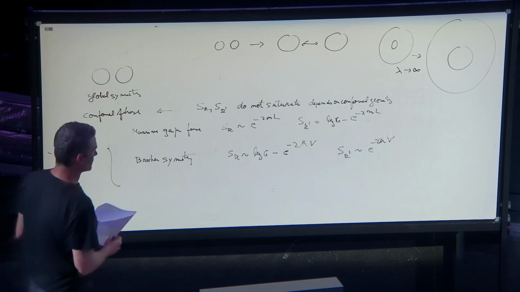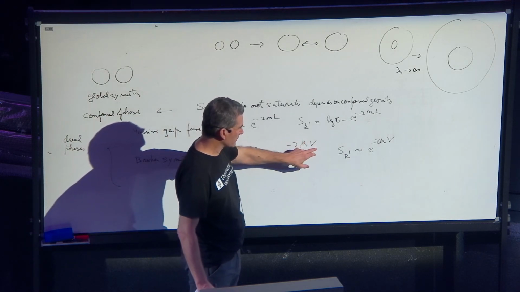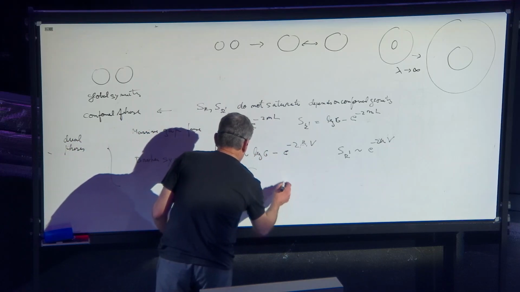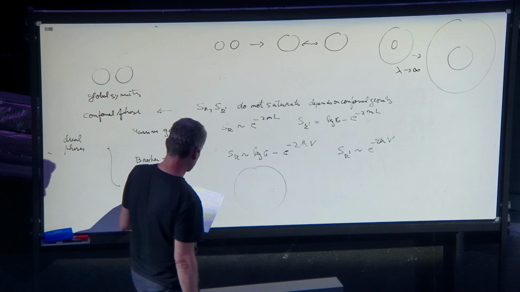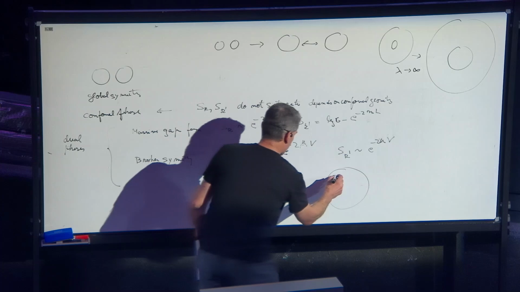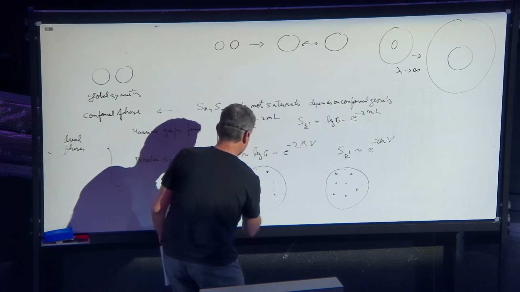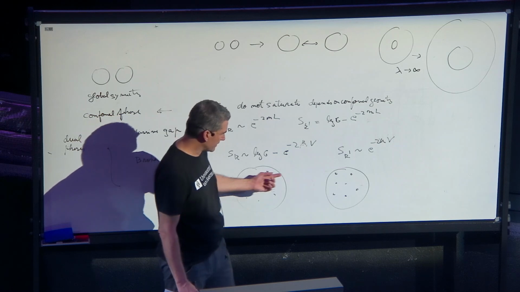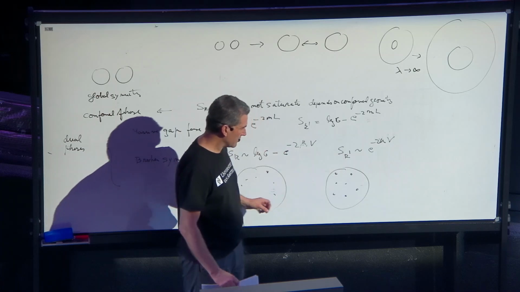And you can also see easily how this grows with the volume. If you have, in this case, 2 balls and charge operators, and the theory goes to a gap, then these charge operators are uncorrelated with each other.